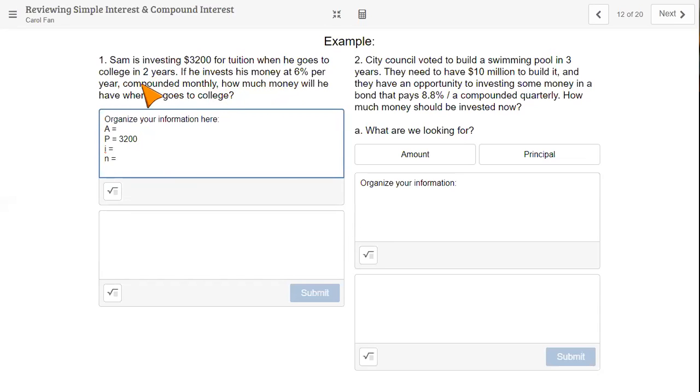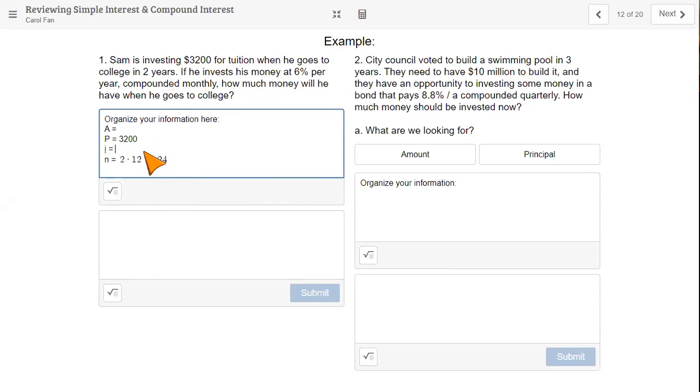But the money is going to be compounded monthly. So that means every single month he's going to be getting interest. So now we have to take 2 times 12 to get 24. So interest is applied to this money 24 times because it's happening every single month for the next 2 years.